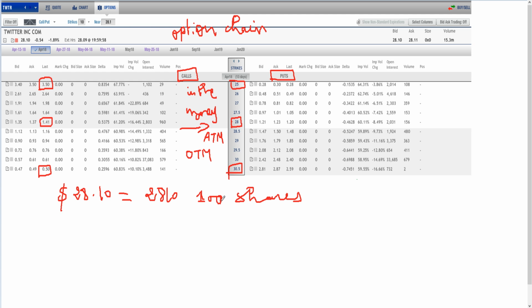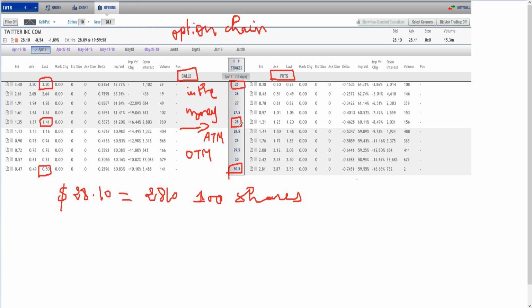In general, they count one contract as 100 shares. Now, if you, for example, think that the stock from $28 will be going down, okay?